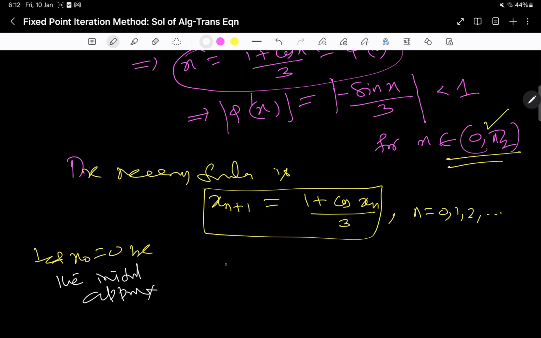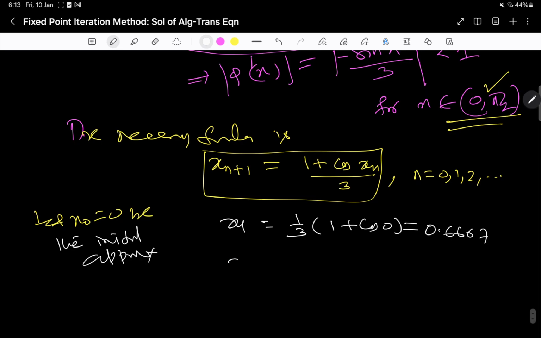Now what is your x1? x1 is equal to 1 by 3 times (1 plus cos 0), which is equal to 0.6667. Then x2 is 1 by 3 times (1 plus cos 0.6667), which will be 0.5953.